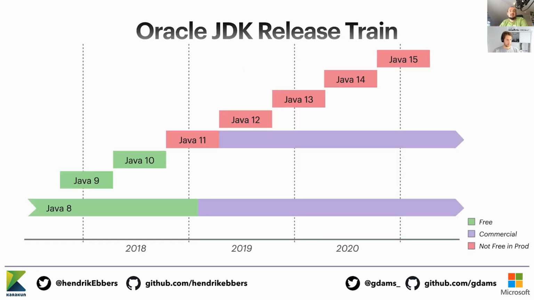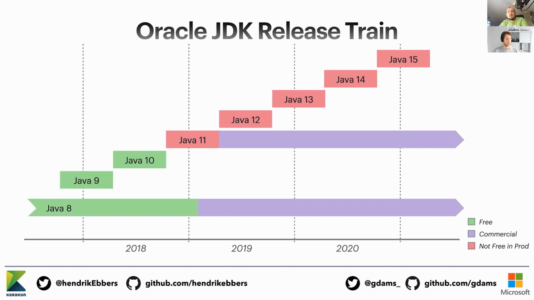What we are seeing on this slide is not the general Java release train, but the Oracle JDK release train, the one that Oracle announced some years ago and that you have seen on a lot of slides from Oracle.